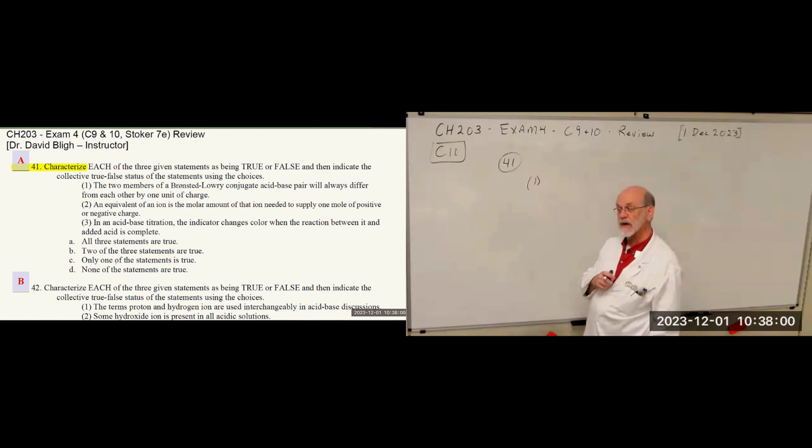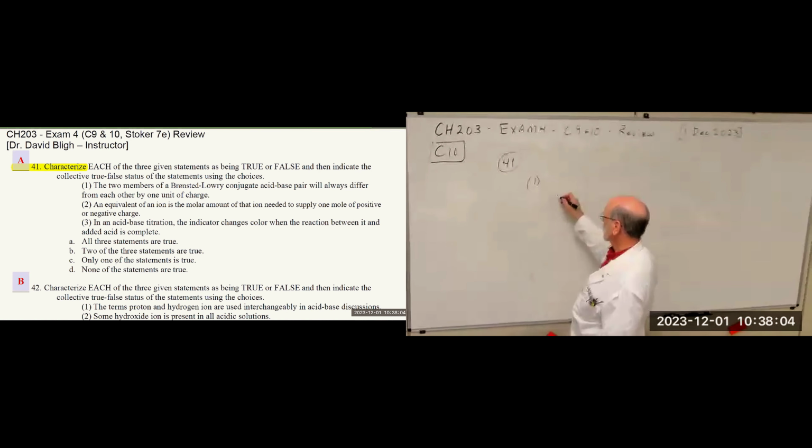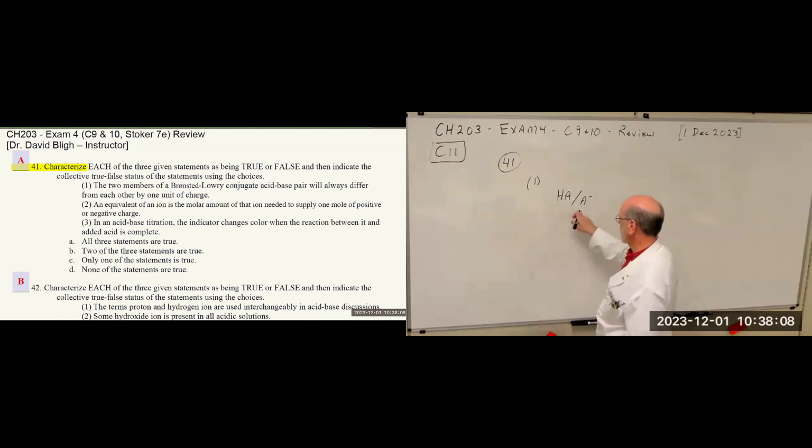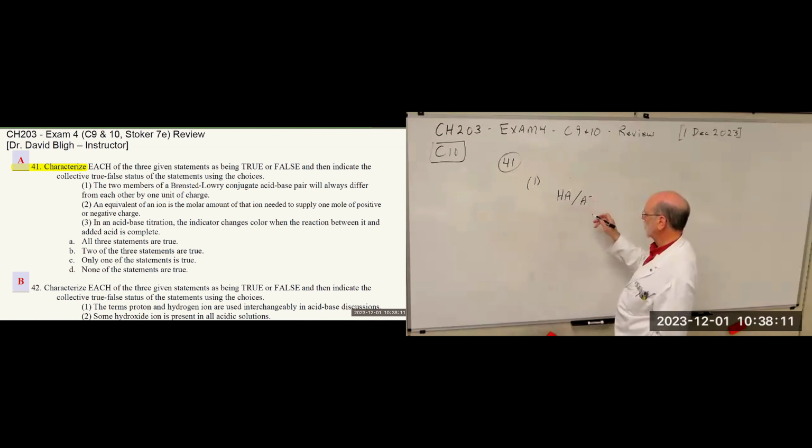Conjugate acid-base pair. Yeah, I can't think of an exception. Right? When you have this and that, they differ by 1 charge. Or if this is charged, then it will decrease by 1 because the hydrogen leaves an electron behind. Yeah, that's true.